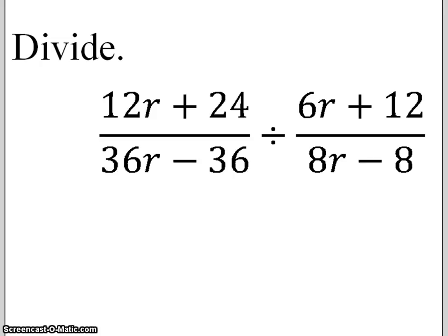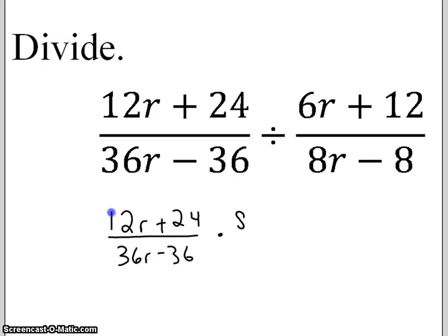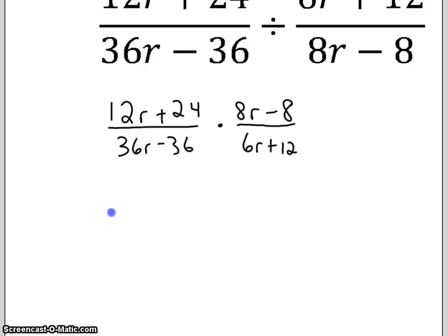So we're going to apply that most fundamental step first. So this will become 12r plus 24 over 36r minus 36 times 8r minus 8 over 6r plus 12. We wrote the reciprocal of the second fraction.